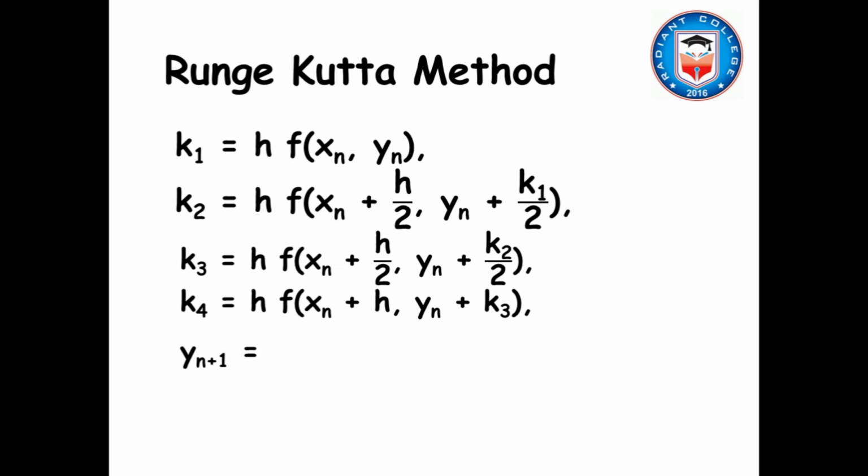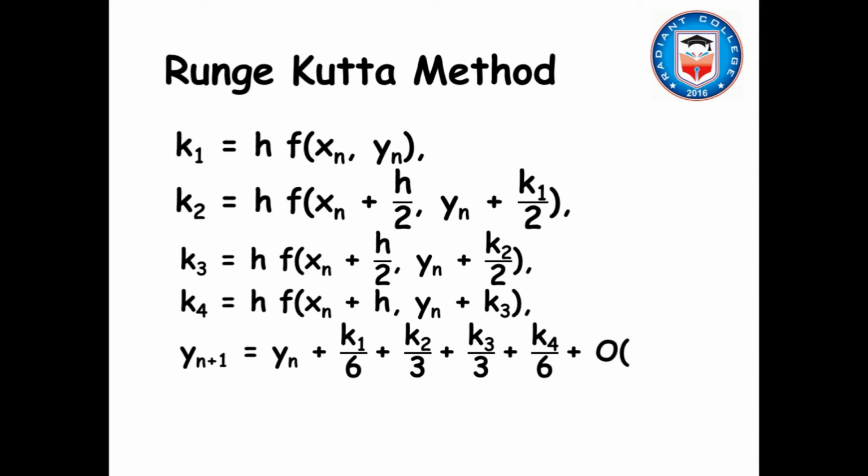And we can generalize this relation as yn plus 1 is equal to yn plus k1 by 6, k2 by 3 and plus k3 by 3 plus k4 by 6 plus order of the higher terms containing h5.